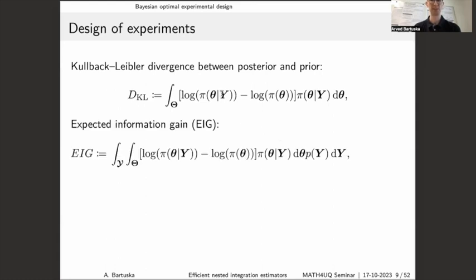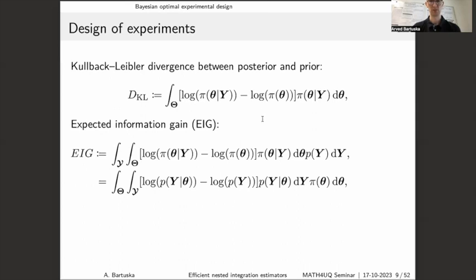But this is for a specific observation set y, and we want it for all possible observations. So we take the expectation over all y's, and this is known as the expected information gain. Then we apply Bayes' theorem to rewrite this as the likelihood and the evidence.